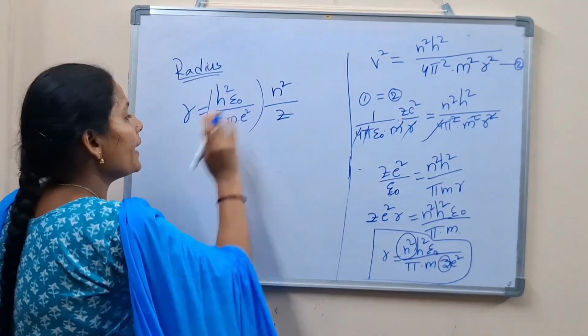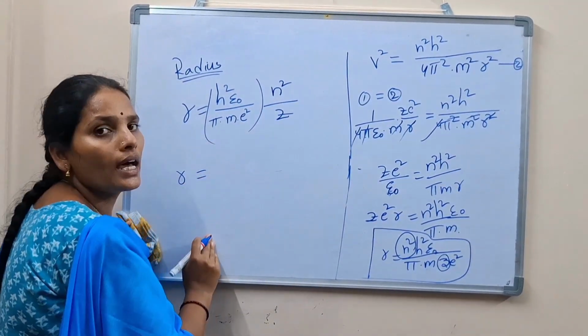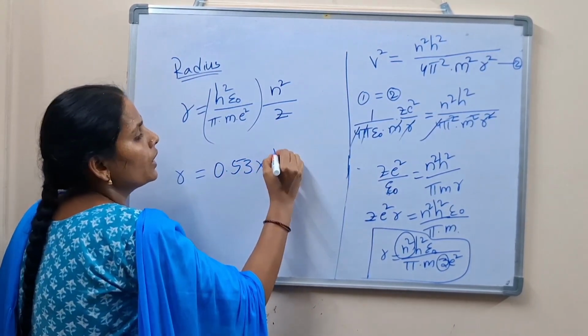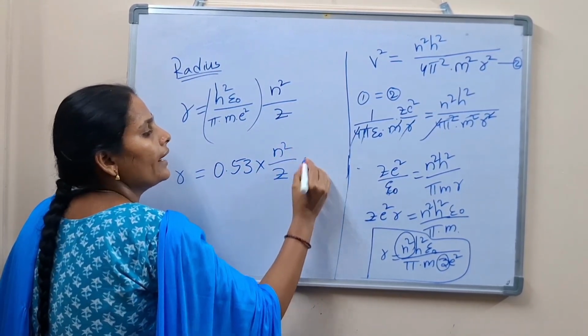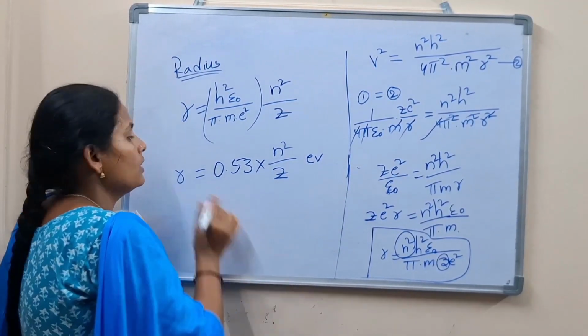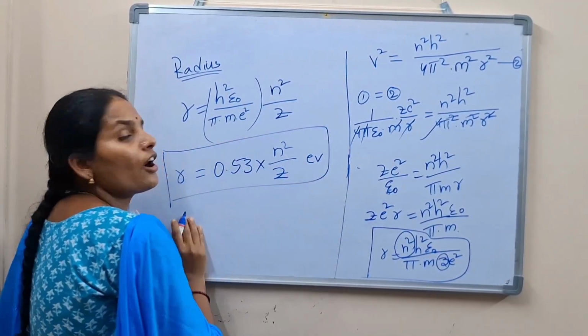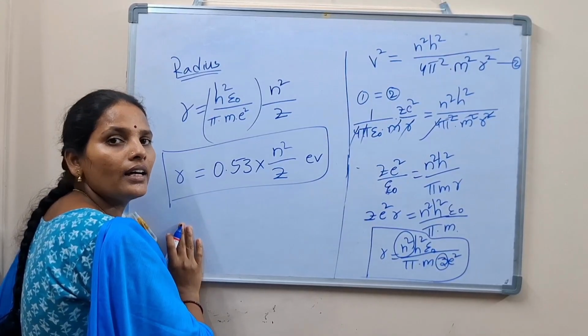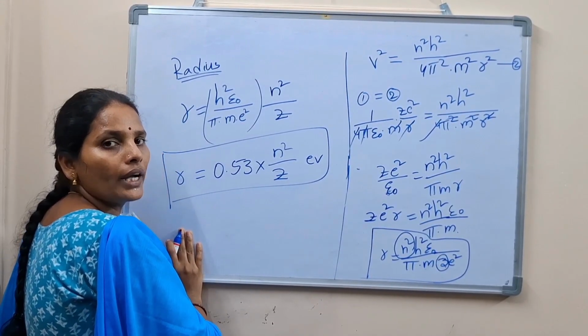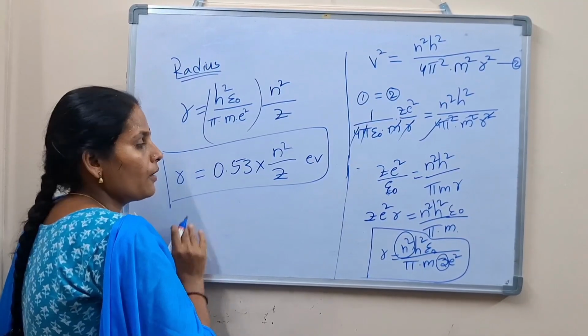By applying all these constants we are getting 0.53 into n square by z. Okay, this is the final formula for finding the radius of the orbit.